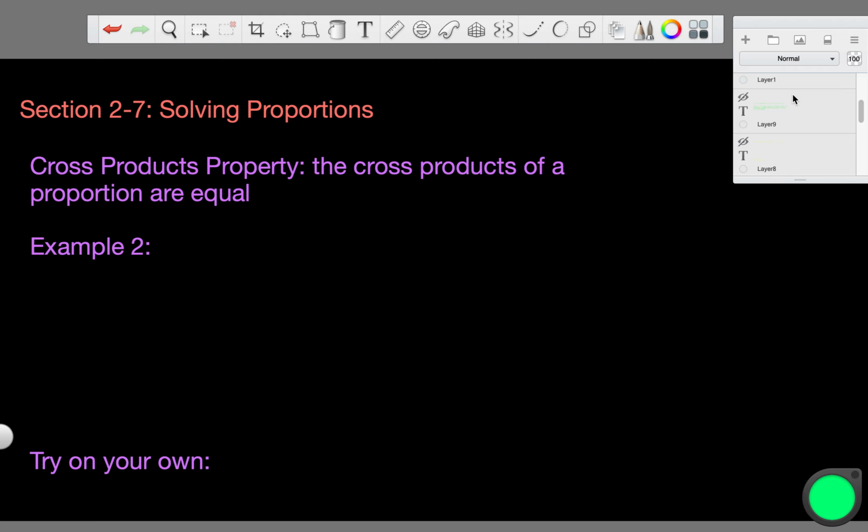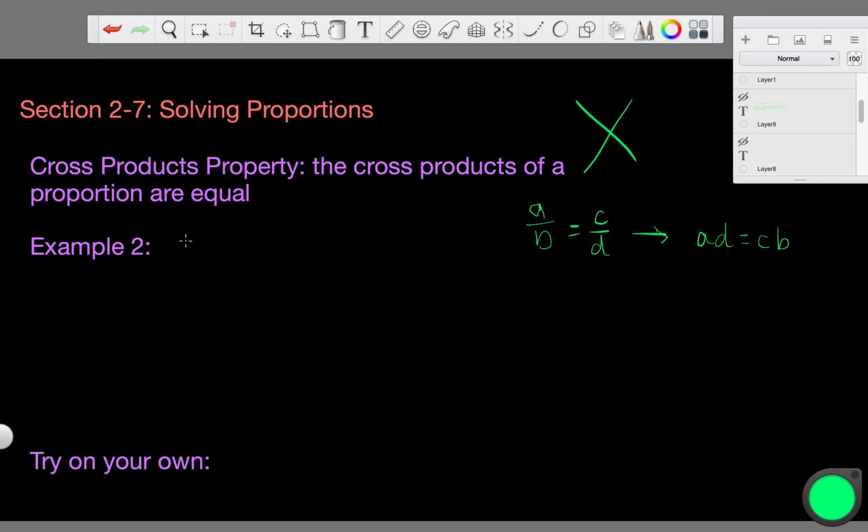So you're doing one way, the left, and then you're doing the right also. Okay? So as an example, just like a formula, we're going to have A over B equals C over D. Using the cross products method, what this means is that AD equals CB.